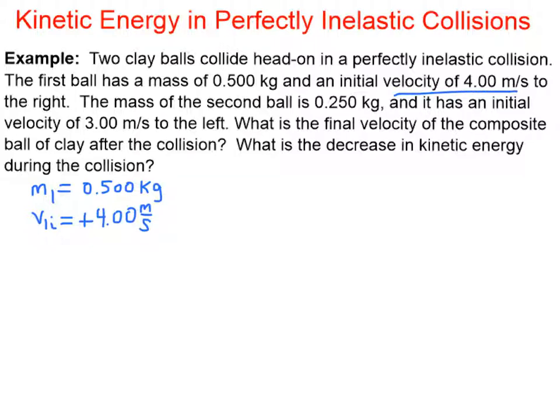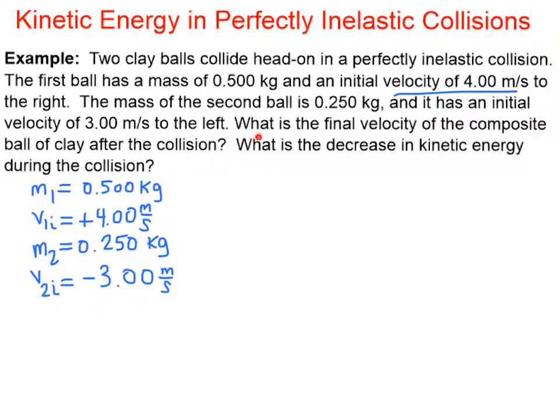Since the velocity is 4 meters per second to the right, I'm going to indicate that with a positive sign. My right-hand side will be my positive side. Now, the mass of the second ball is 0.250 kilograms, and it has an initial velocity of 3.00 meters per second to the left. So I'm going to indicate this velocity with a negative number.